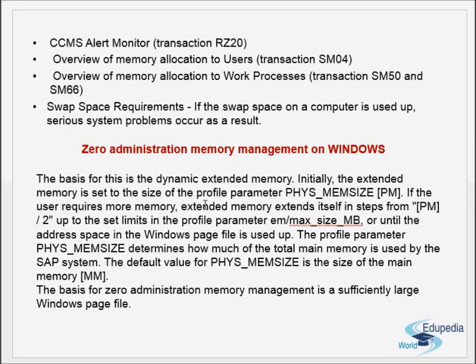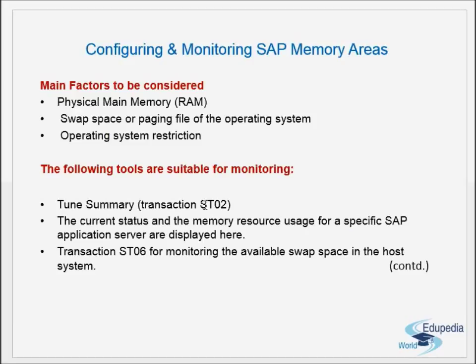Then we have the CCMS alert monitor from RZ20. An overview of memory allocation to users you can see from transaction SM04. The overview of memory allocation to work processes you can see from transaction SM50 and SM66. Regarding the swap space requirements, if the swap space on a computer is used up, serious system problems occur as a result. So in general, ST02 shows the memory related to SAP.